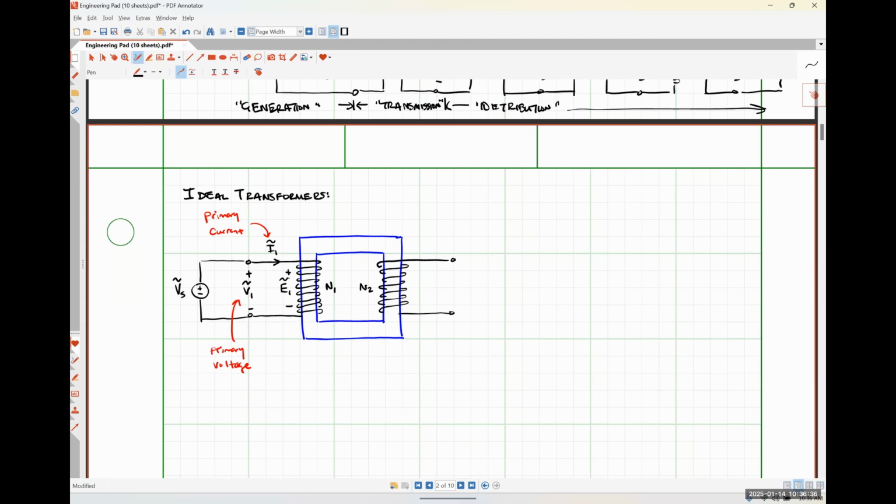So we should really think about this voltage E1 as the voltage that is induced across the coil, which is not necessarily going to be the exact same thing as the voltage across the terminals of the coil. The reason being is that if our coil is lossy or has some finite resistance, we should see some small difference in those two voltages, okay? So E1 is the induced voltage, V1 is the terminal voltage, okay?